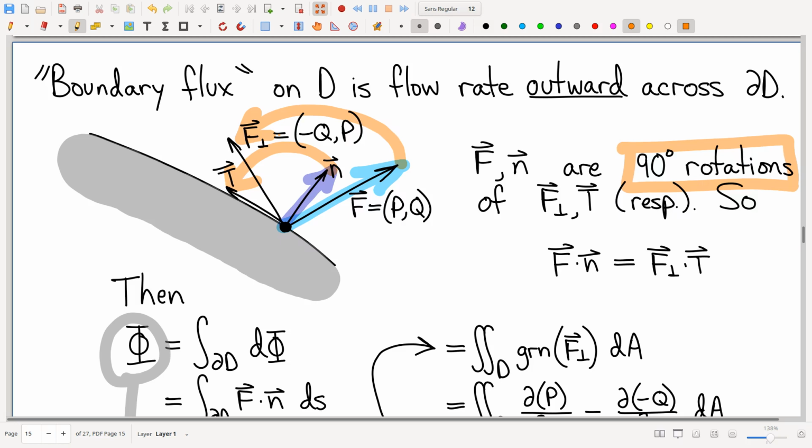How do you rotate some arbitrary vector p comma q? Flashback to linear algebra. Remember, rotations are linear transformations. Linear transformations are matrices. Matrices are understood by their columns. Y'all have heard me say this a million times, right? Columns are the images of the standard basis vectors. So various little steps to be done there, but you can straight up write down a matrix that represents this rotation. And when you apply that matrix to p comma q, you'll get minus q comma p.